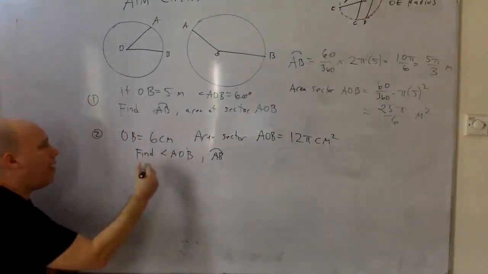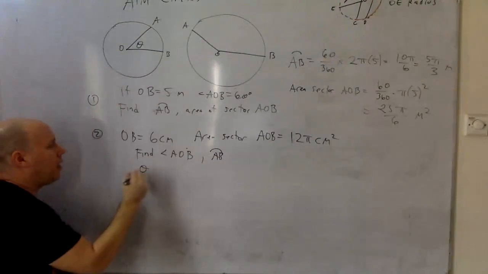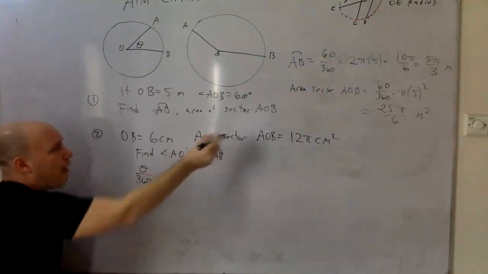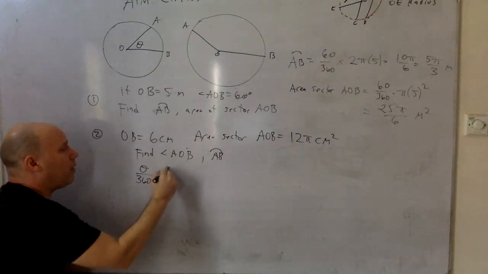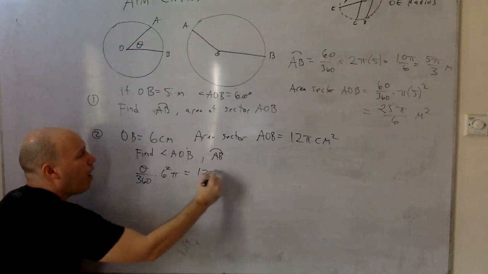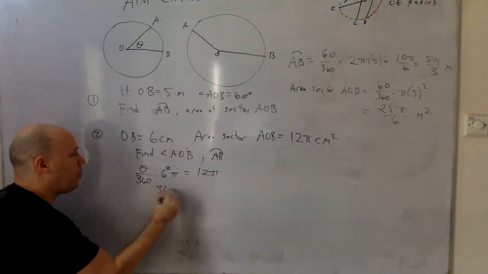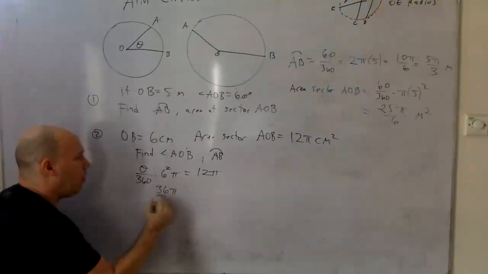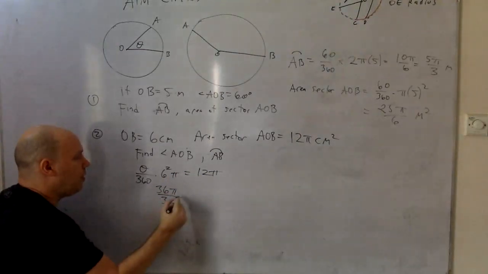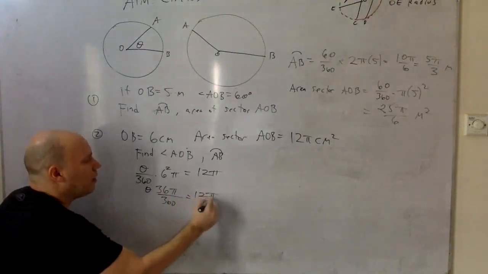So we can call it theta. Theta over 360 times the area, so it's pi r squared, is equal to 12 pi. And so we have 36 pi over 360 times theta is equal to 12 pi.